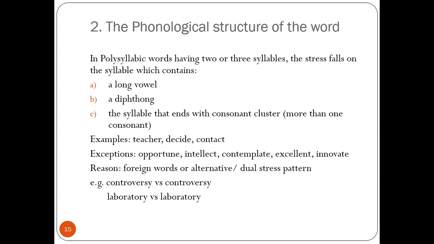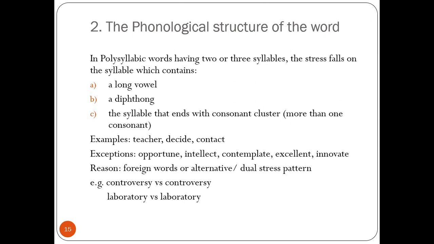The stress falls on that very syllable which has a long vowel, a diphthong, or a consonant cluster. But keep in mind that this rule is for words made of two syllables most of the time. For three, it's a bit difficult, though it could be extended to include them.